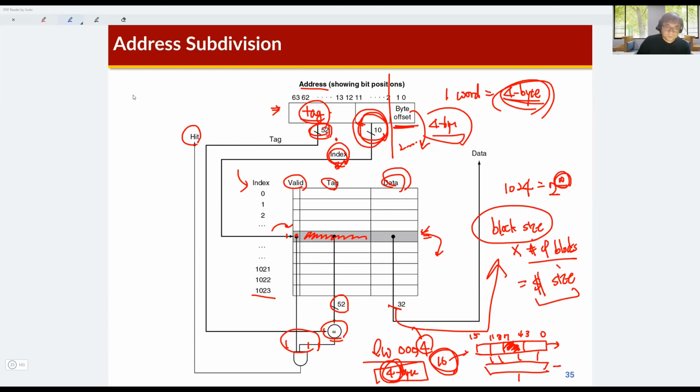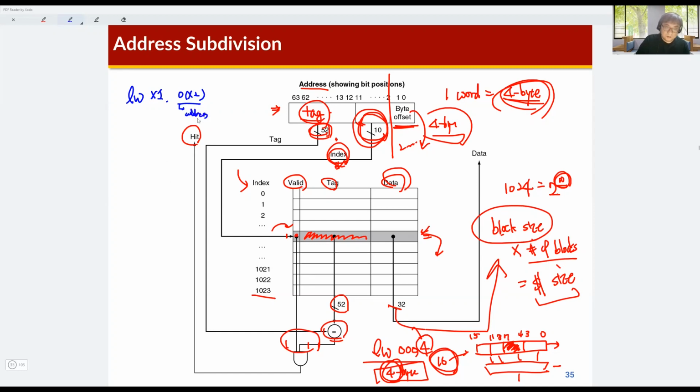So when a load instruction is executed like this, this is the address of the data, and the data is requested to the data memory. That means the data is requested to the level 1 data cache with the address.